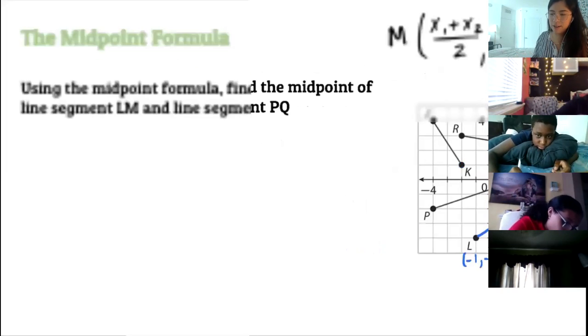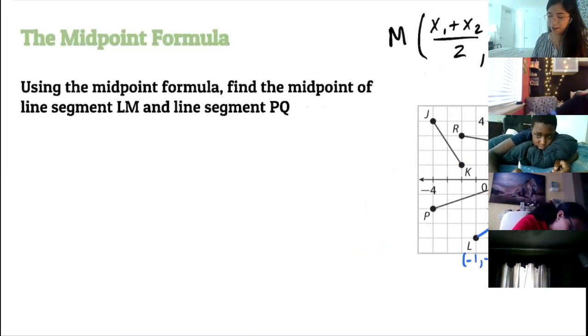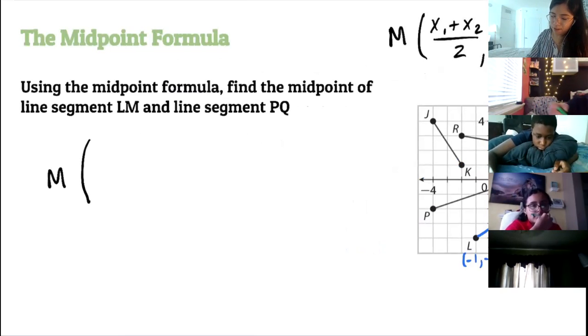All right. So now that I've labeled them, I can plug those numbers into my midpoint formula. So my midpoint, that's why it's a letter M, my midpoint is going to be at x1 plus x2. So x1 is -1. x2 is 2.